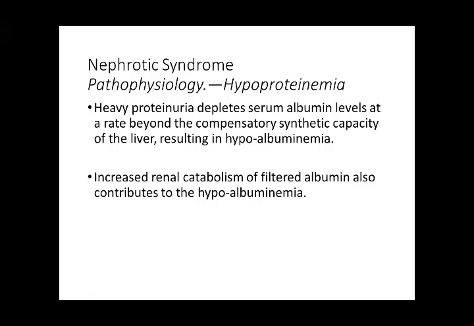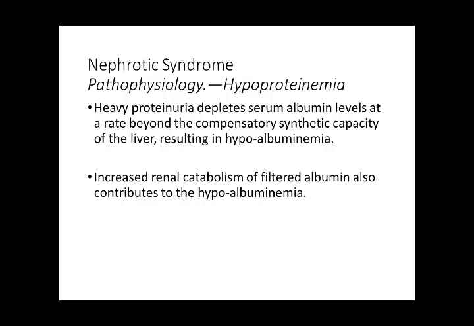So why is it that we're losing only 3.5 grams from the urine, and we're still getting anasarca and edema of the generalized body? Why is it? Because the liver is compensating for 3.5 grams.